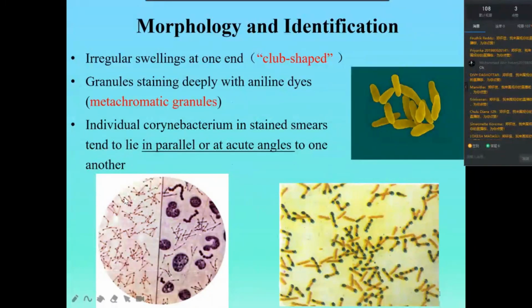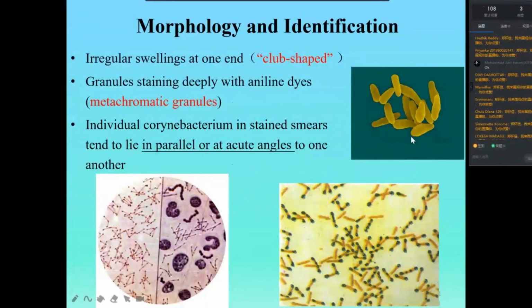I think it's because of the bacterial surface properties, so there are some forces between the bacterial cells. Okay, so this is morphology and identification.